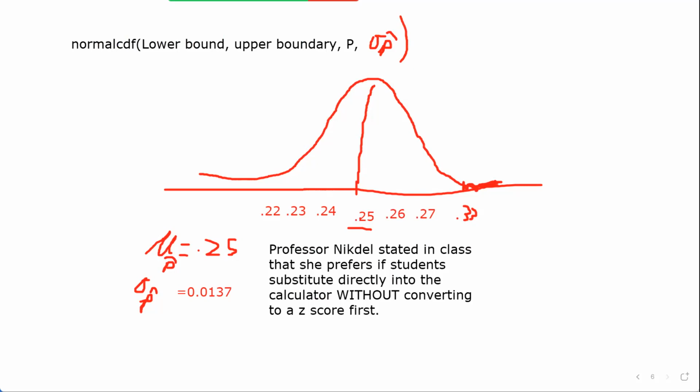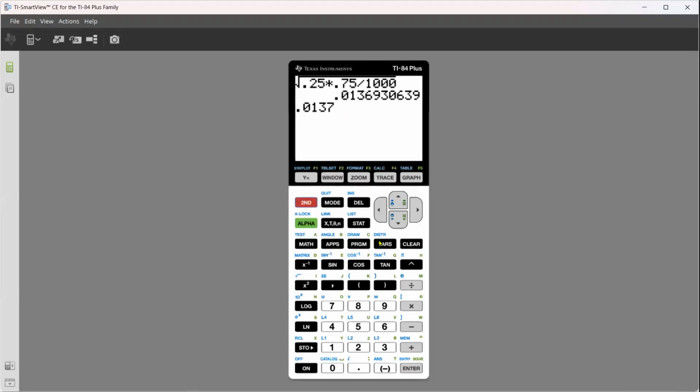So what it looks like for this problem is this. I'm going to bring it up on the screen. I'm going to share the screen again. So we're going to go to second distribution, like we always do. Normal CDF, make sure you're using CDF for this. Your lower boundary here is 0.33 because we're doing 33% or more.